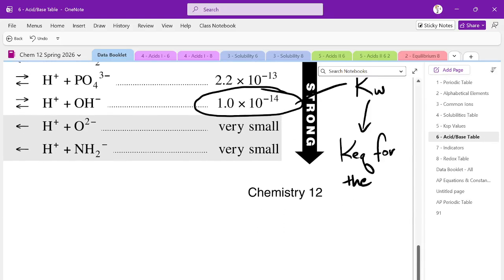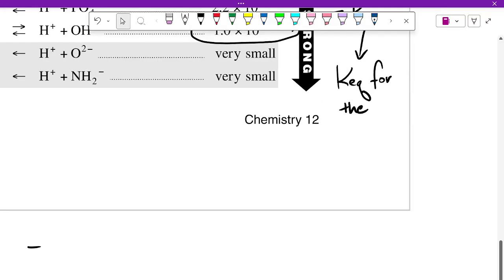There's some language here that you need to know. Autoionization. You need to know that word.